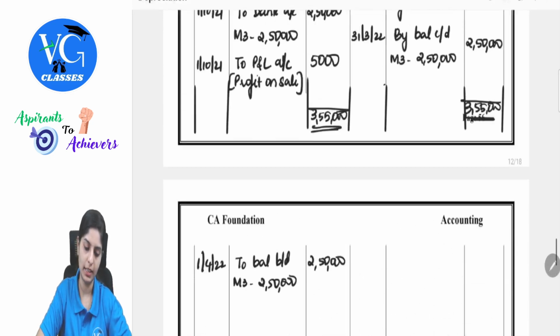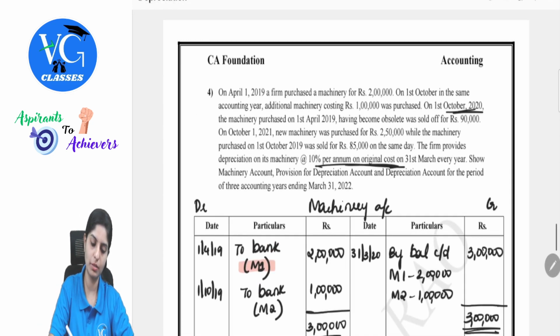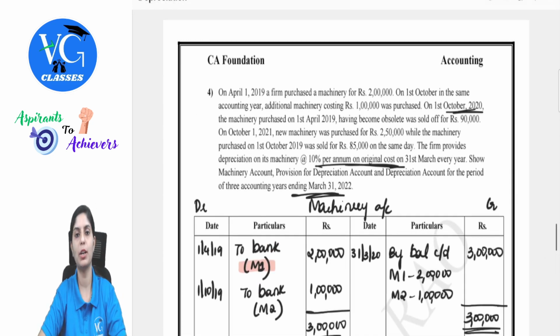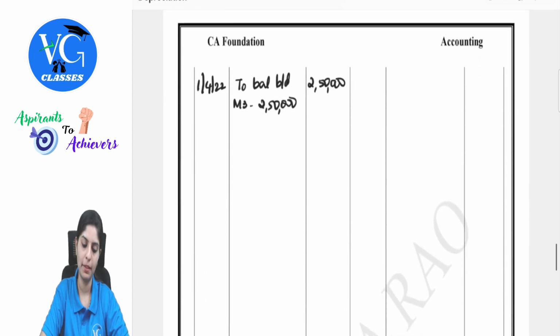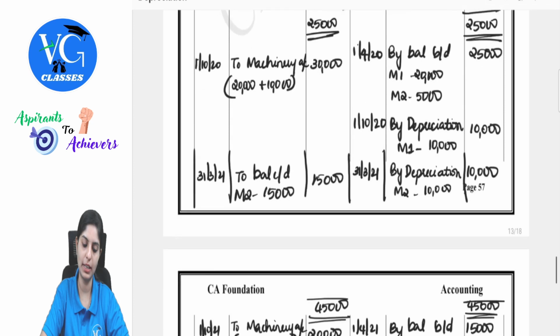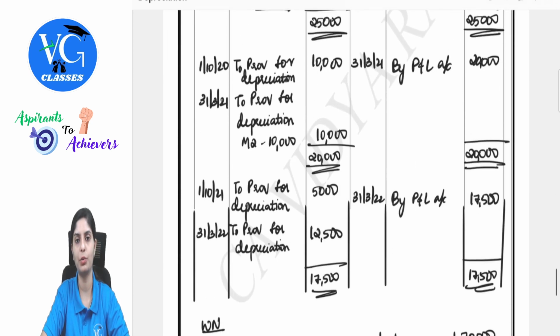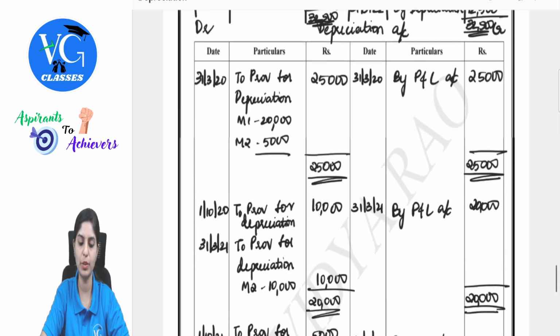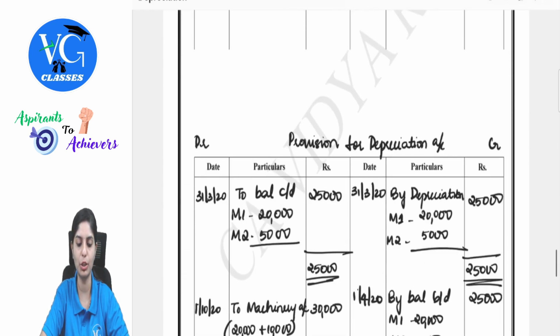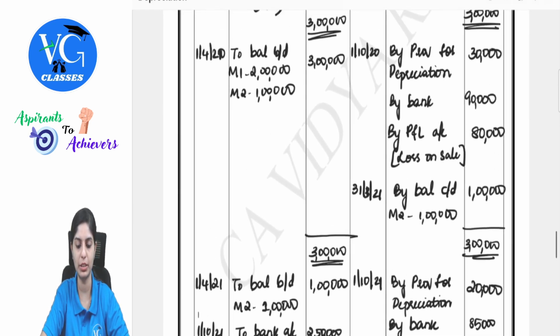Yes, they had asked us to prepare the accounts for the 3 years ending 31st March 2022. So we have done it with respect to machinery, with respect to provision and then depreciation account. I hope all of you are able to understand. This was one such question which will help you revise whatever we discussed from the previous question, guys.